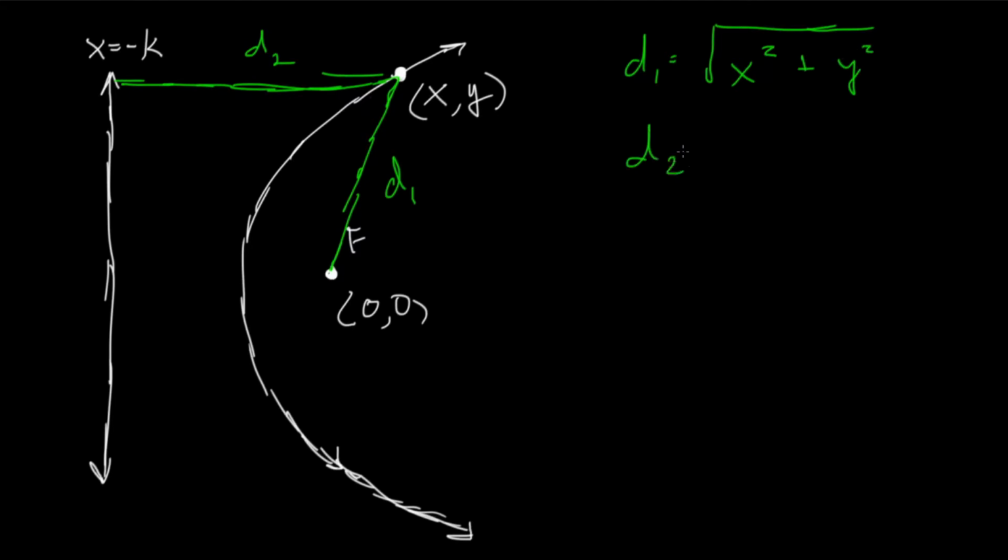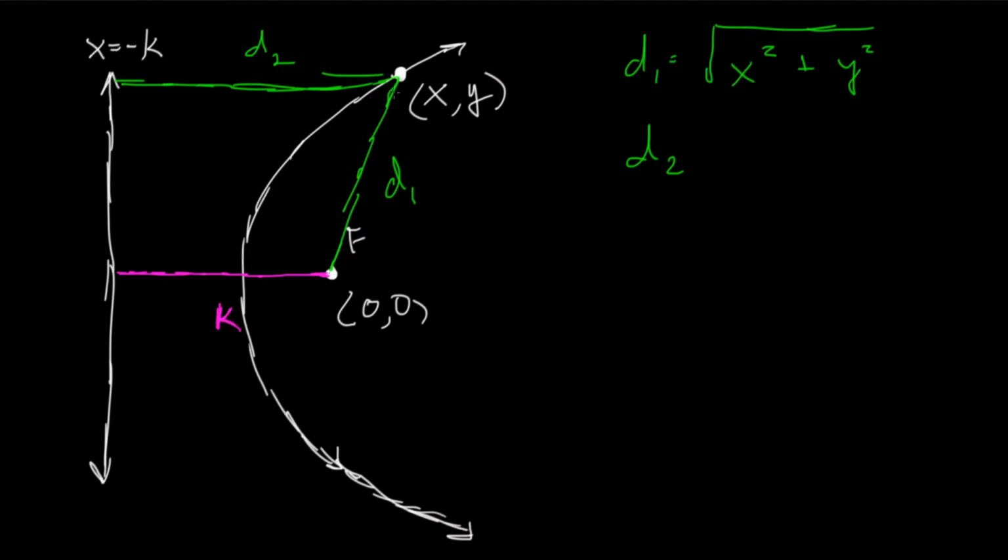What is d2? D2 is a little bit more tricky. It's less straightforward, but we can take advantage of the fact that we have a formula for the directrix. The distance from the focus to the directrix is k. Okay, the distance from the origin to this line is k. The focus has been centered at the origin.